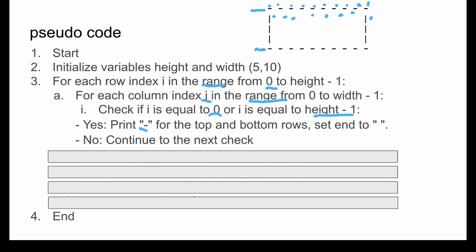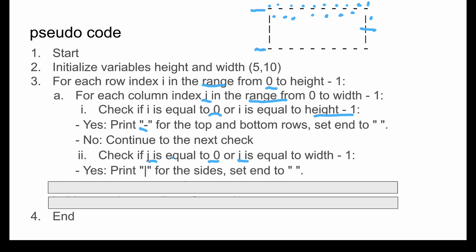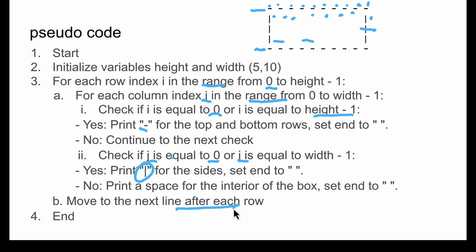If not, we're going to continue on with the next check. If j is in position 0, or j is the last position, then we're going to print this vertical line. Otherwise, we're going to print a space. If all that is complete, then we're going to create a new line.